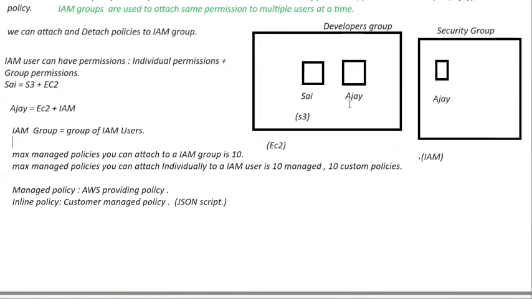That's it. Can we attach and detach policies to an IAM group? Yes, we can. Let's say I attached a user to the IAM group. Then what policies does he have? He has individual policies plus group policies.